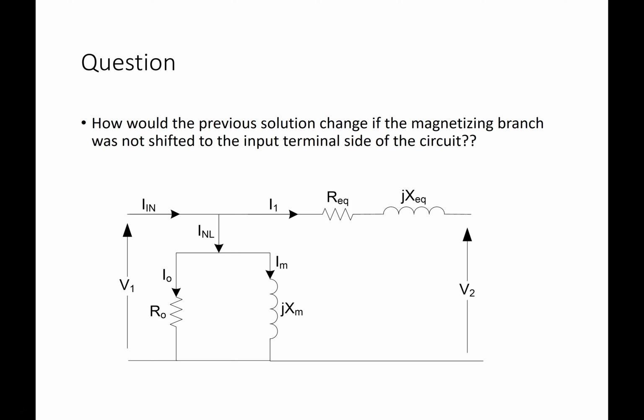So this is a question I'm going to pose to you now. How would this solution change if the magnetizing branch was not shifted to the input terminal side of the circuit? And I think you could go and work this out and see what is the difference in the solution. So remember, when we originally looked at the loss circuit, the magnetization branch was here.